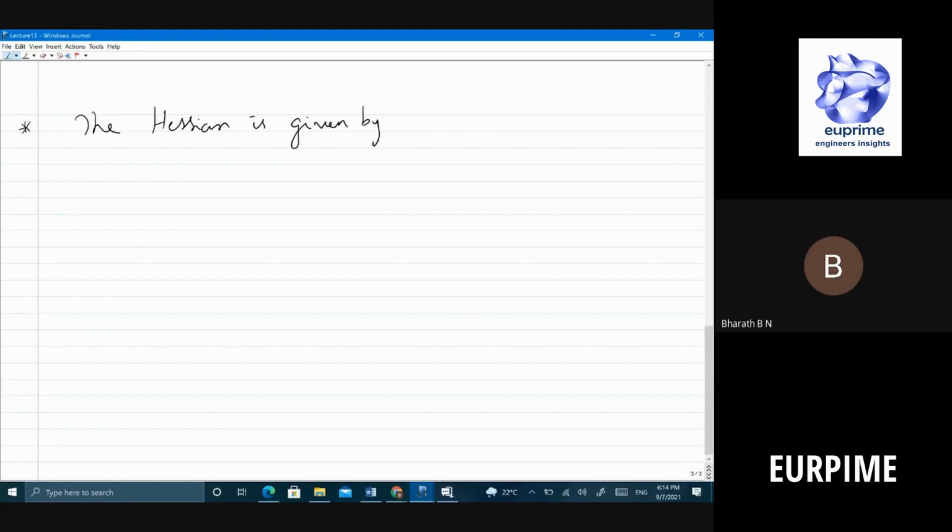So what is a Hessian? Essentially, there are n variables. I can take the second derivative with respect to each one of them. That gives me the diagonal, right? So dou f over dou x1 squared, and so on, up to the second derivative with respect to xn.